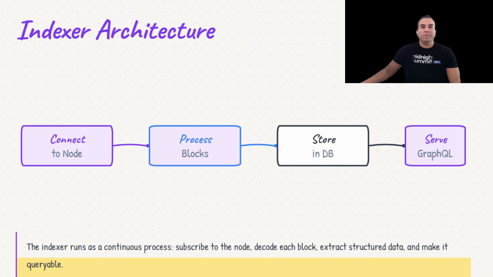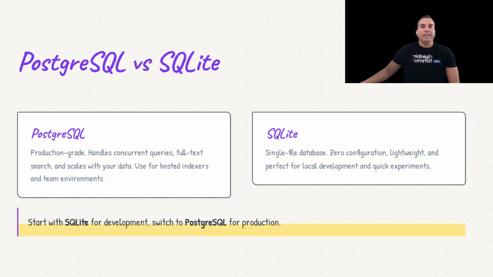Queries come in, results go out. This runs as a continuous process. The indexer is always watching for new blocks, always processing, always keeping the database up to date. It's a real-time pipeline.